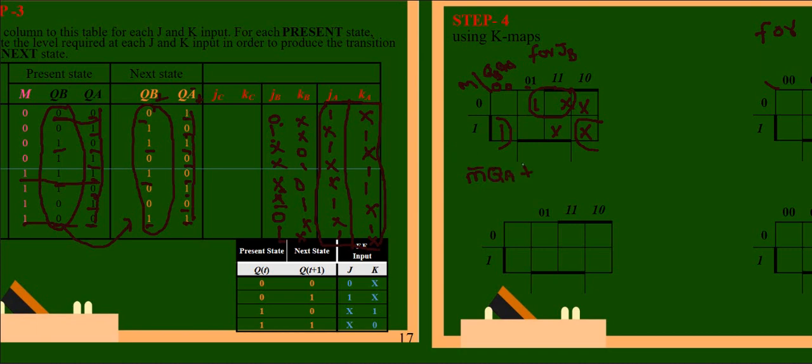Similarly, plus when it is 1, that is M, here 0 0 remains the same and 1 0 cancels out, so it is QA bar. So we can say that when M is 1, it is the down counter, and we take the complement; when it is the up counter, we take the uncomplemented form. So this is for JB.